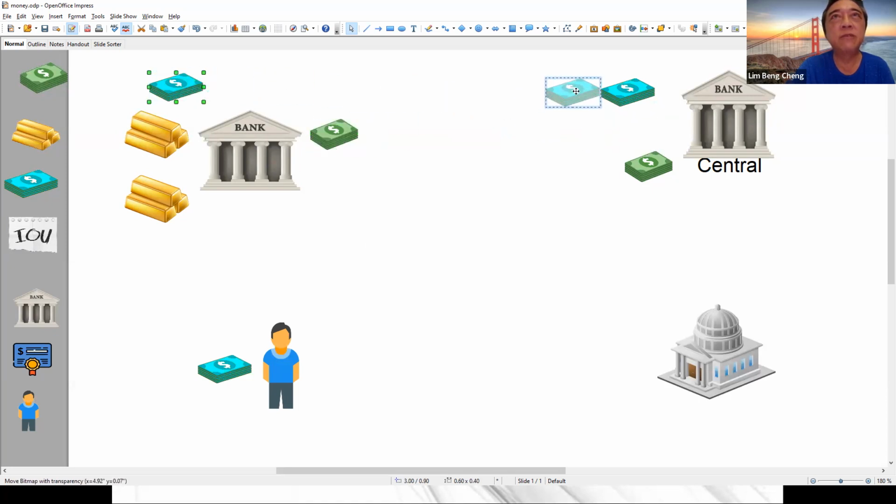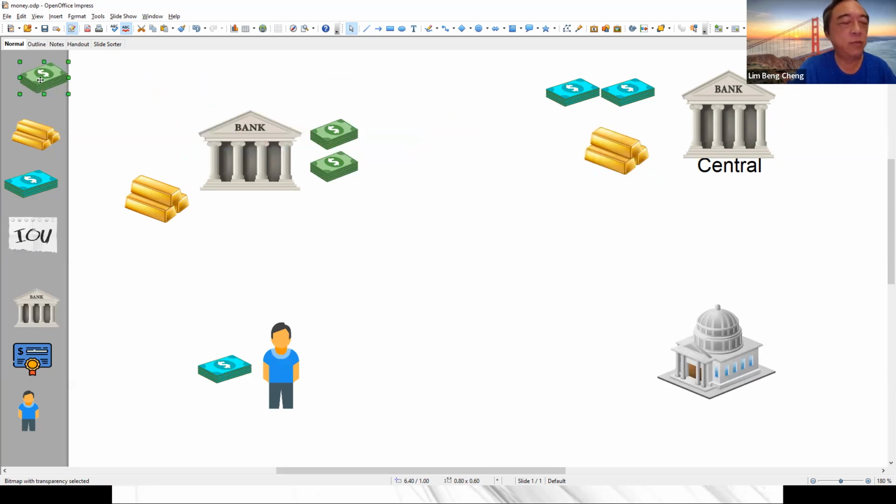That means you give me one whole stack, two, I give you two. Or you give me one gold bar, okay, I can create some more, then I give you some more. Okay, so the bank has money already.